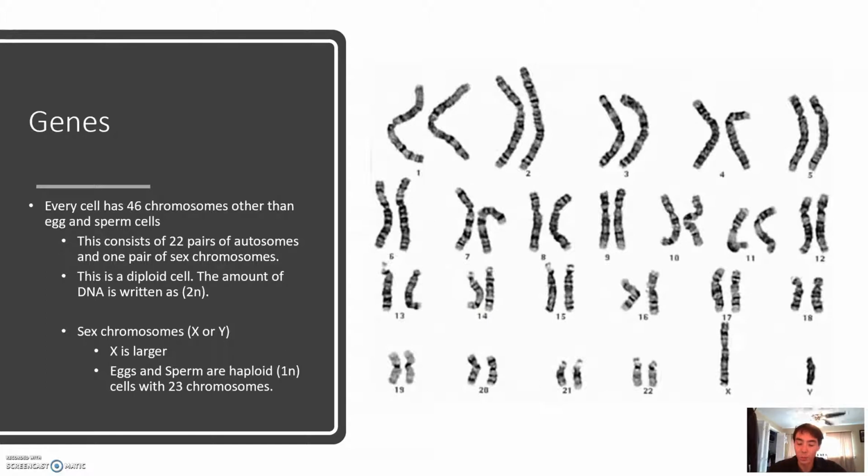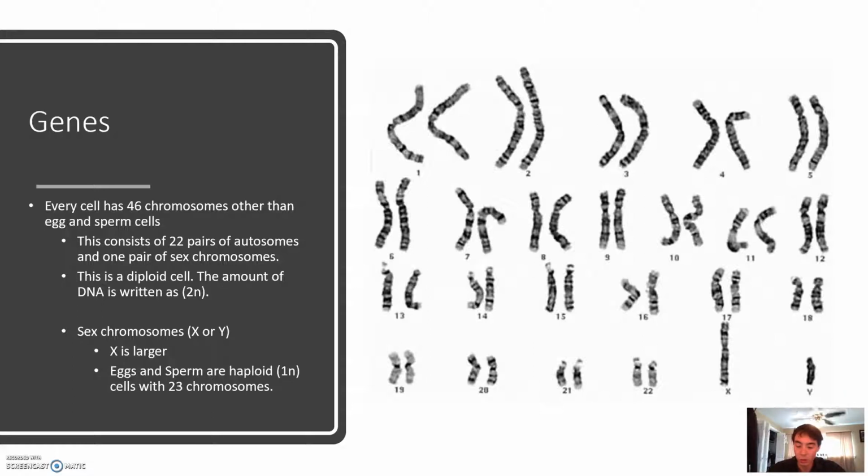Every cell of the human body that contains a nucleus has 46 chromosomes. Of these 46 chromosomes, there are 22 pairs of autosomes, which means that there are 22 matched pairs of chromosomes. And then there is one pair of sex chromosomes, so that makes a total of 46.